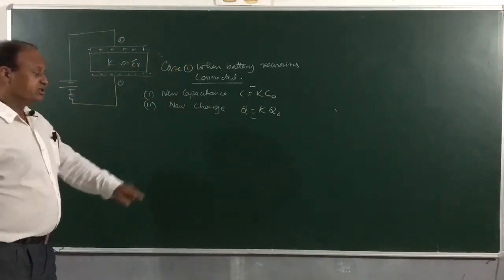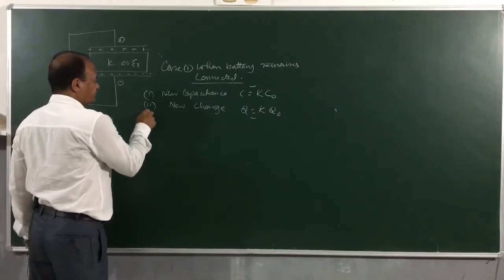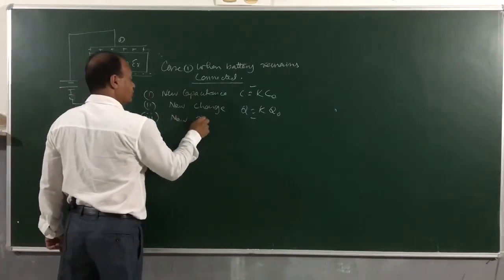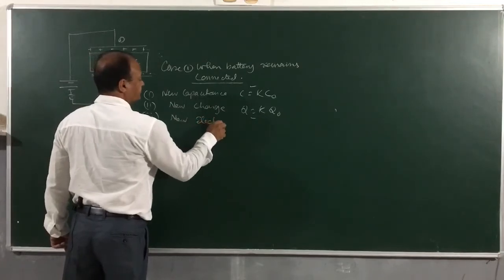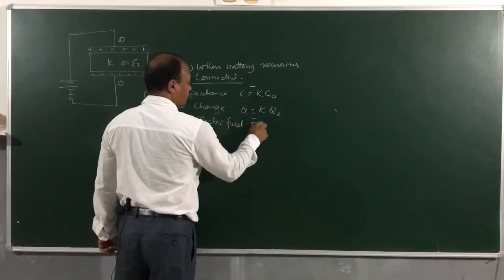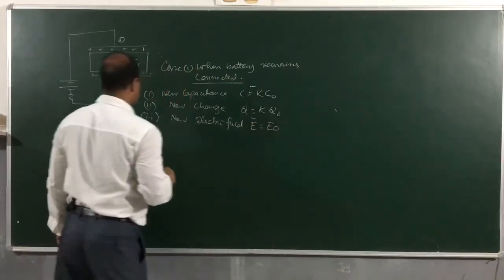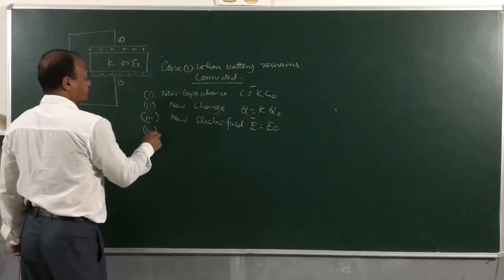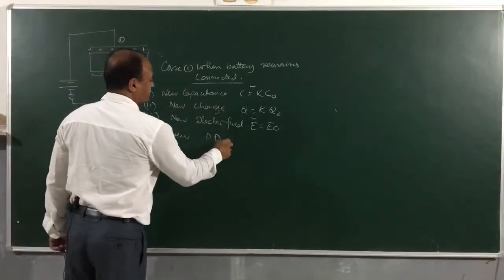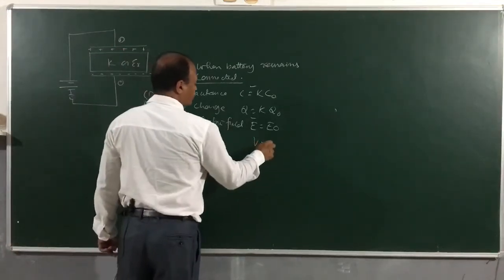Now what will not change is, the new electric field will remain same. New electric field E will be same as E0, and number 4, new potential difference V will be equal to V0.